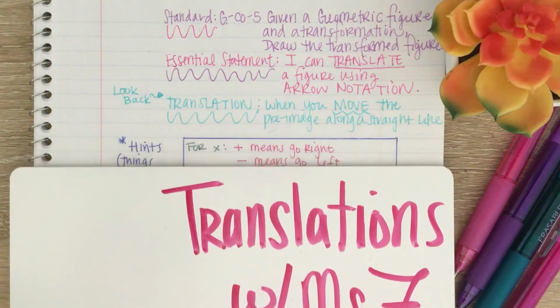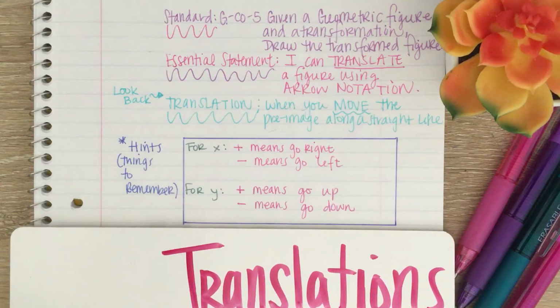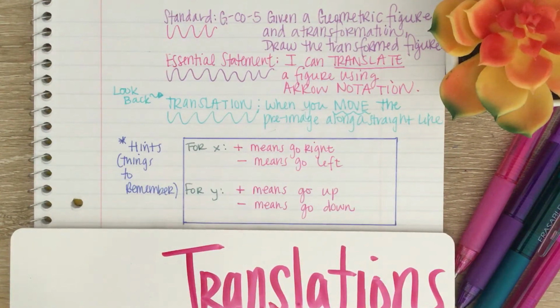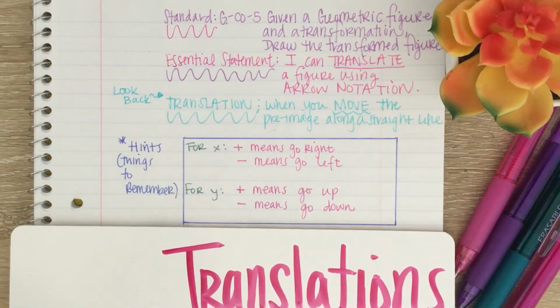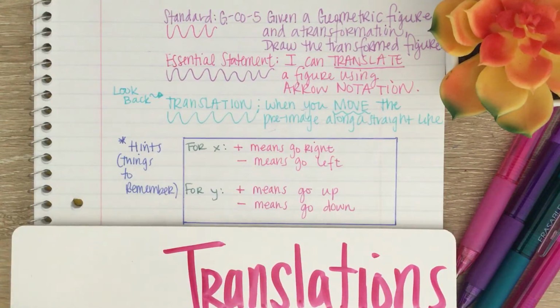Some things to remember. When you're working with a coordinate plane, you have an ordered pair x comma y. When you look at the x, you're always moving left or right. You're not going up or down.